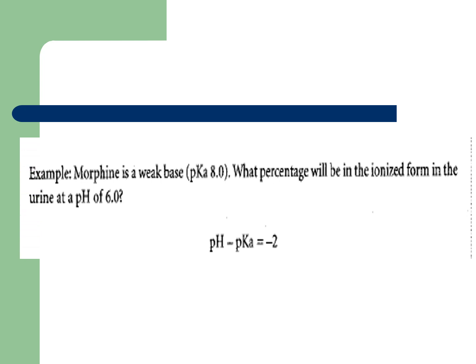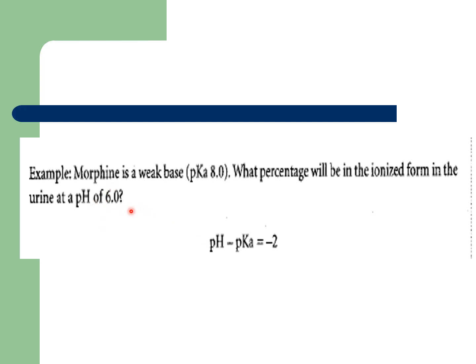So now students, there is a question. Morphine is a weak base, pKa is 8. What percentage will be in the ionized form in the urine at the pH of 6? As I showed you in the table, the non-ionized form, which is the absorbable form, depends on pH minus pK.